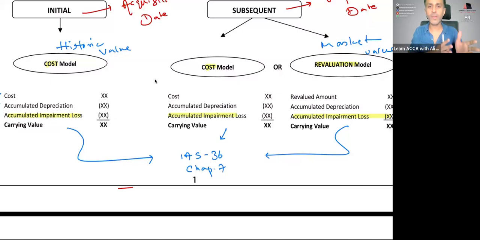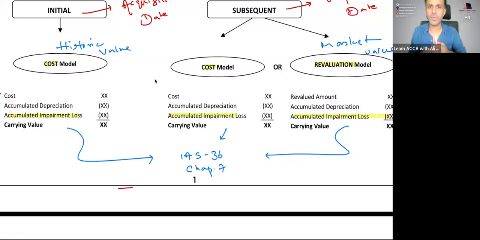So initially at cost, subsequently either we can continue with cost, which is totally a choice, or we may go to value it. Once we have chosen to apply a valuation model, we will have to keep on updating the value of the asset in response to the change in the market value, because market value keeps on changing.